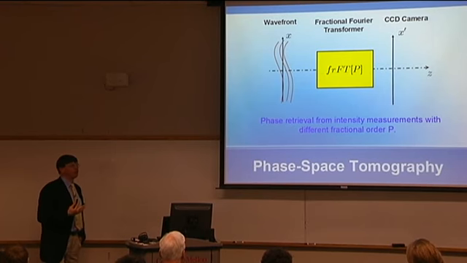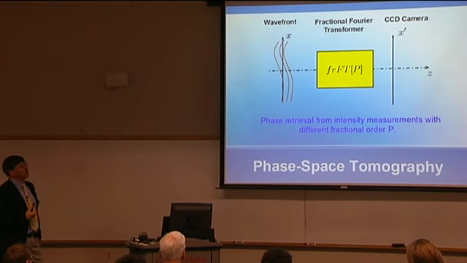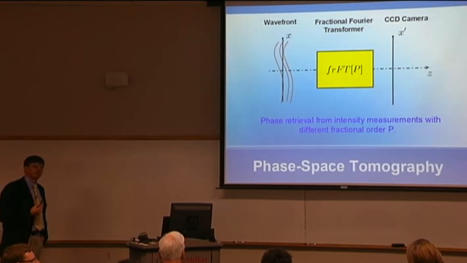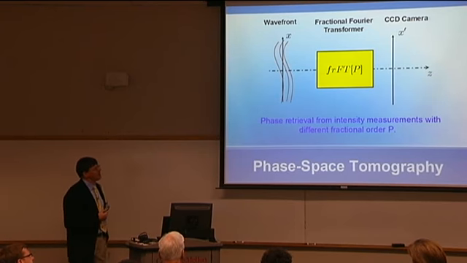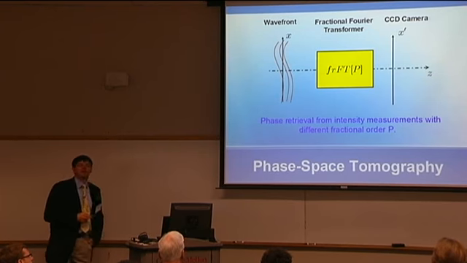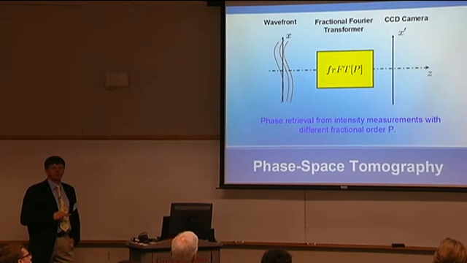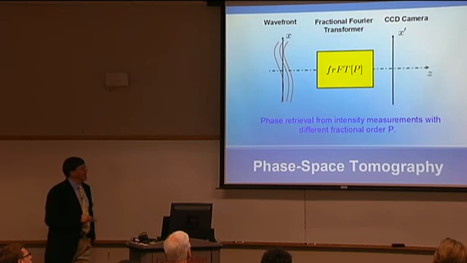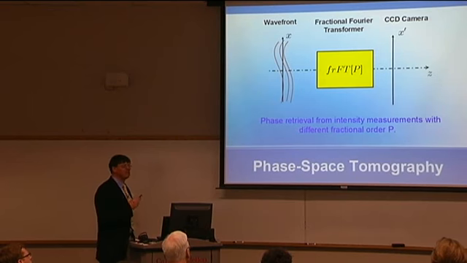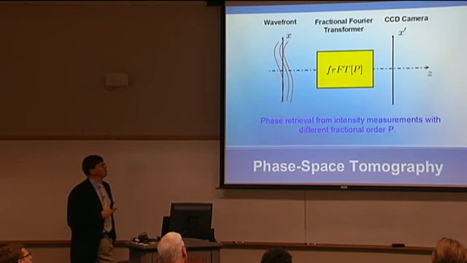This is a very important application, for instance, to find aberrations of imaging systems. For instance, the correction of the aberrations of the Hubble telescope involved certain phase retrieval methods. Phase-space tomography is one way to do this.